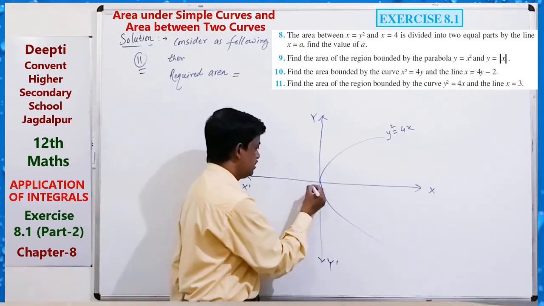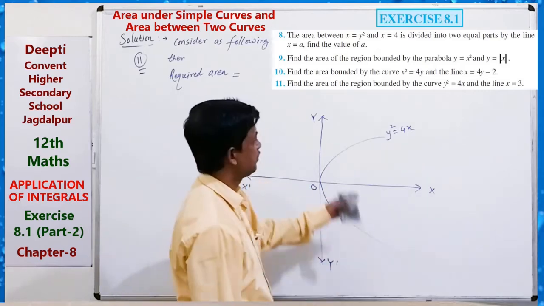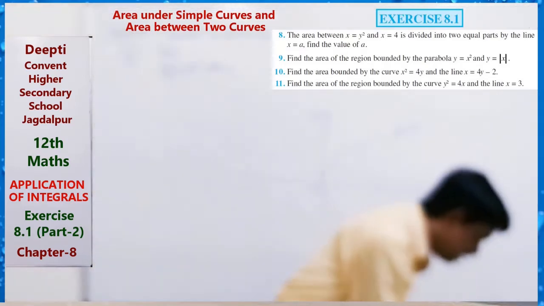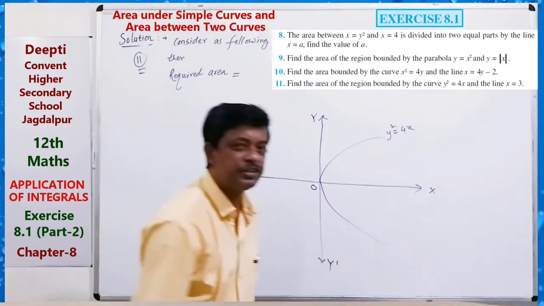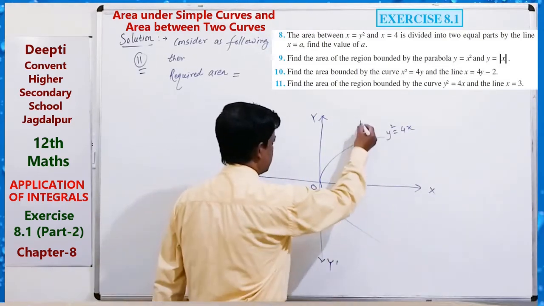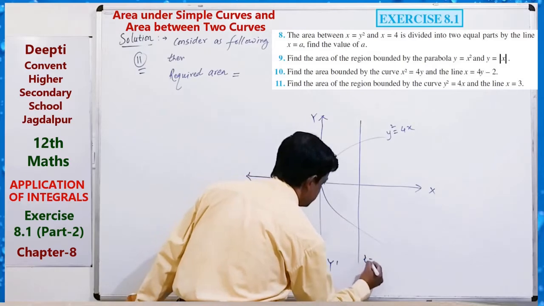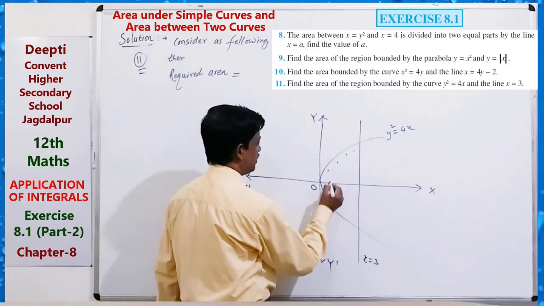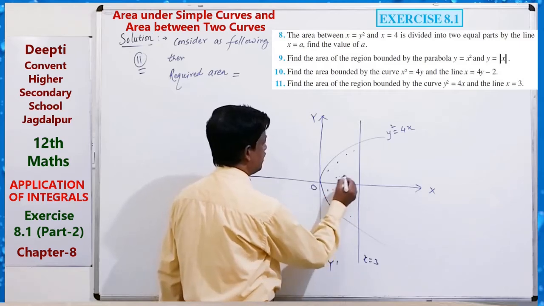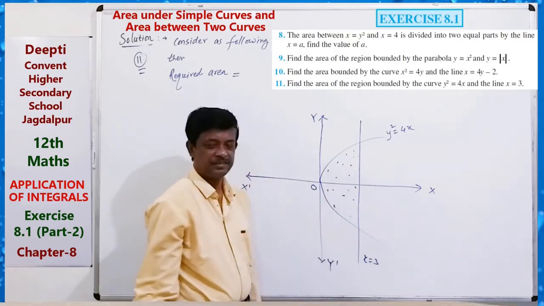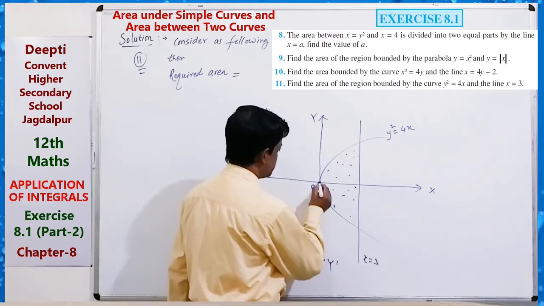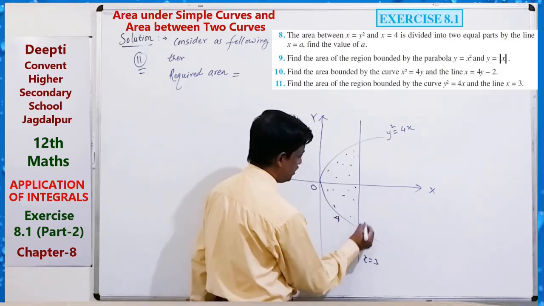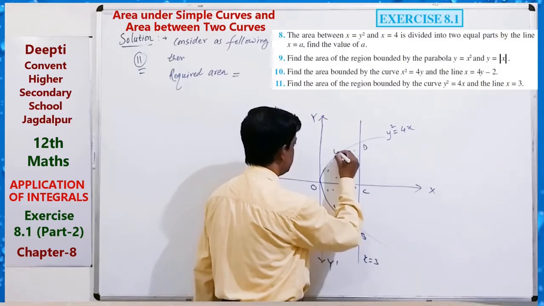This is the parabola, and x equals to 3 is a line. Suppose this is the line x equals to 3, then this is our required area. Okay, so O, A, B, C, D, E.